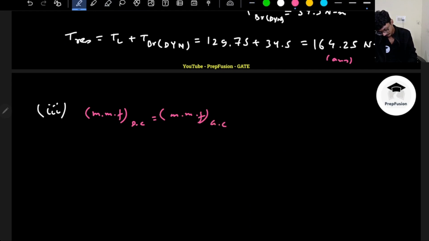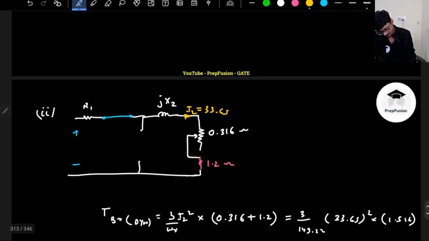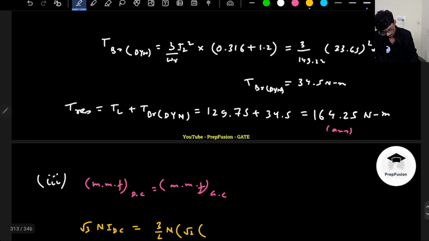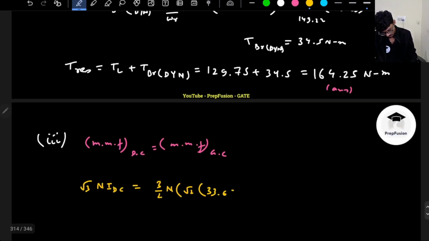So root 3 into N into IDC will be equals to 3 by 2 N into root 2 into the current that we had already found out, that is 33.65.